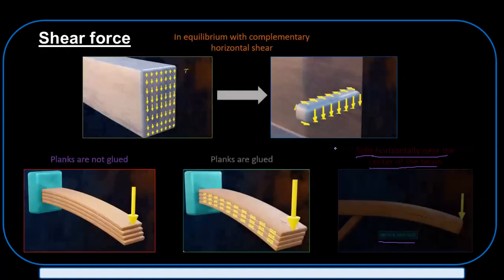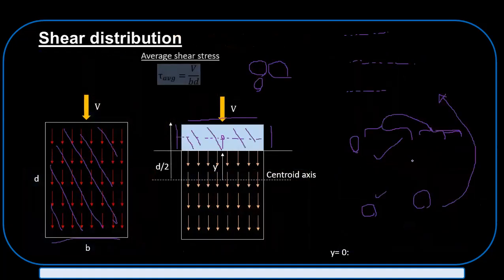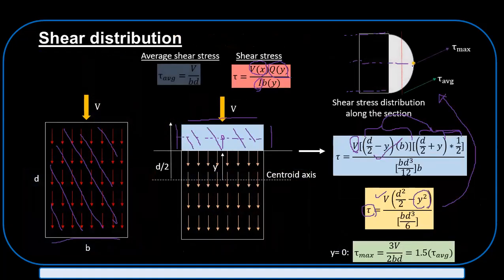Here, for a rectangular section, it is maximum at the neutral surface, but at the extreme fibers it is the lowest, nearly 0. Right?